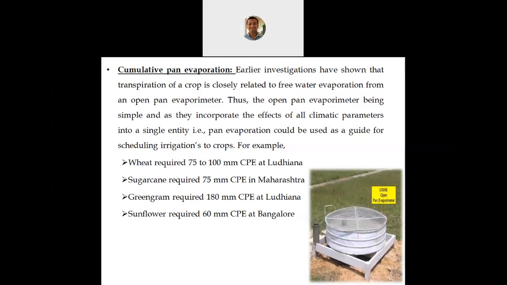So basically, this cumulative pan evaporation gives us a gross idea that based on a certain amount of pan evaporation which has occurred, we need to apply water into the soil in order to maintain the plant health and also prevent the plant from growing under stress.